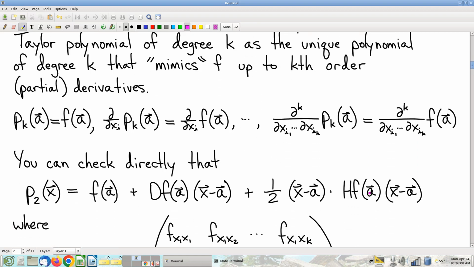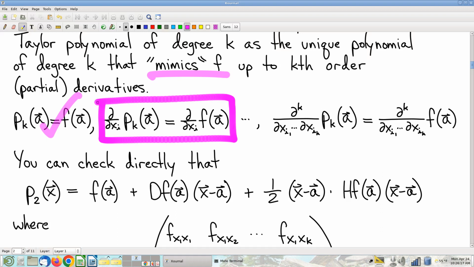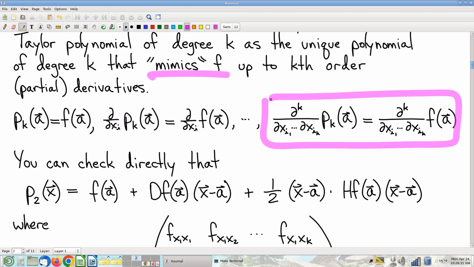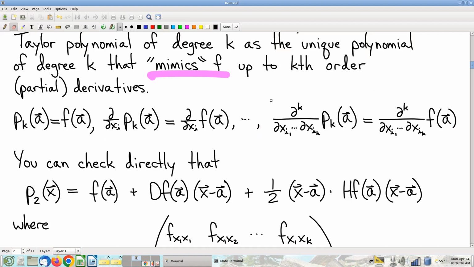We're looking for a polynomial that mimics the function by having the same value at a given base point, the same, it's tempting to say derivative, but of course there's a bunch of first derivatives, namely all the different partial derivatives. So all of the partial derivatives need to be the same. And then likewise for the higher partials, so all of the mixed higher partials likewise, up to again a certain point depending on the degree of the polynomial that we're talking about.